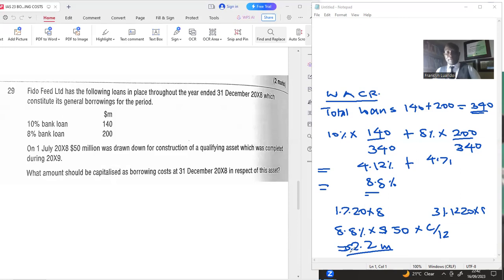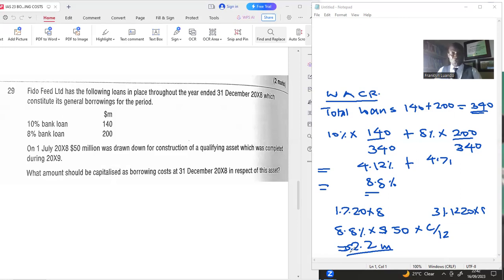So today, we have done this question and we have explained the concept. In the second series of this topic, we'll be looking at temporary funds to be invested, funds which are not required to be used immediately.